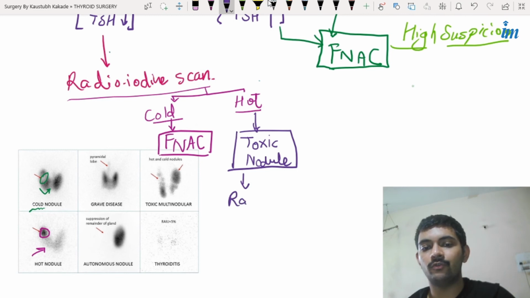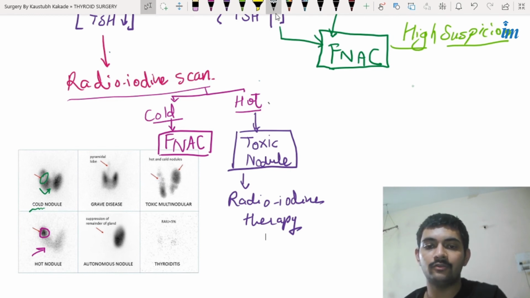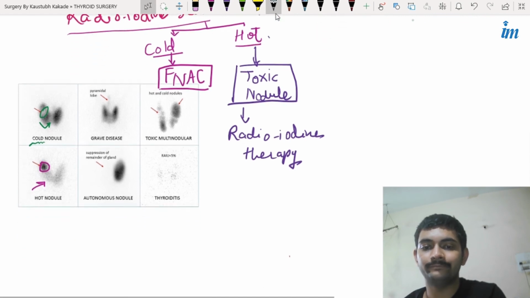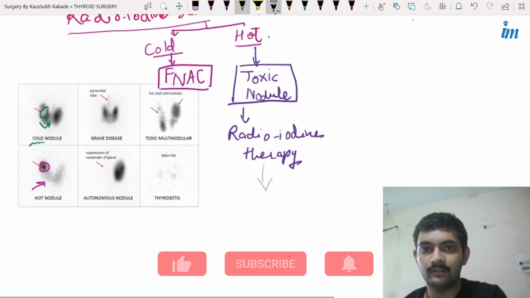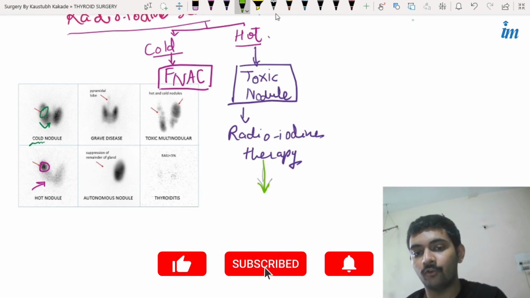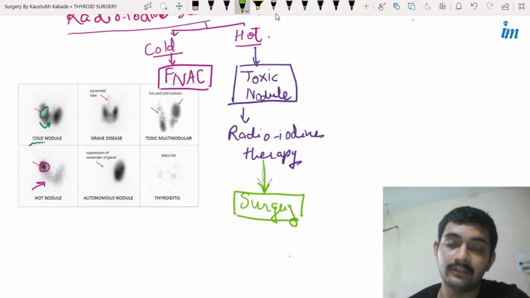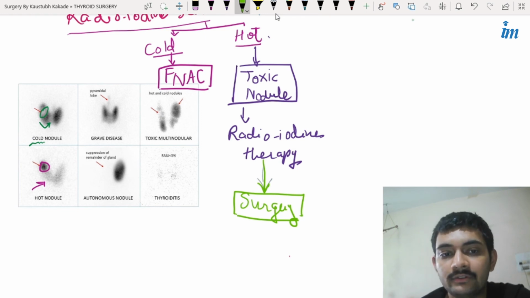You are first going to give radioiodine therapy, and this radioiodine therapy is to be followed by a surgery. Okay, this surgery will depend upon what lobe is involved in this, right? So that is all about here.